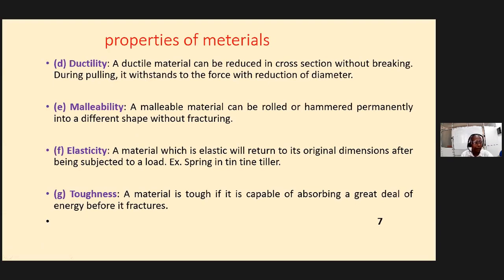For example, if you want to make a metal sheet, that is known as malleability. That particular metal can be converted into plates or corrugated plates or something like that.